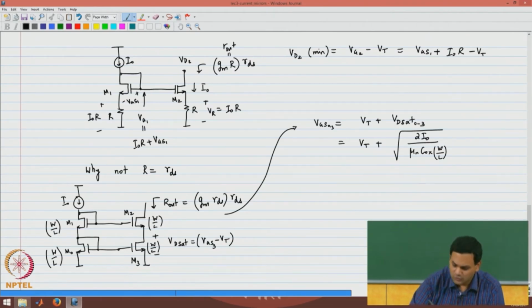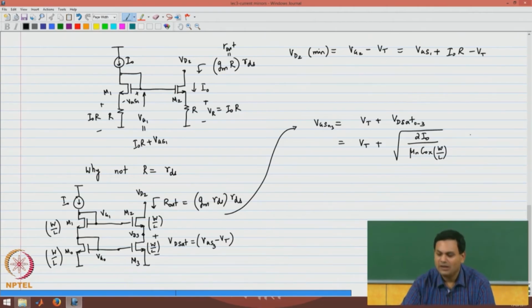So clearly the output voltage is some drain voltage VD2. Now I will denote this voltage by VD3, this voltage by VG0, and this voltage by VG1. And I am liberally going to use the term VD sat, because that is much easier than writing the current expression in terms of currents and mu n Cox.